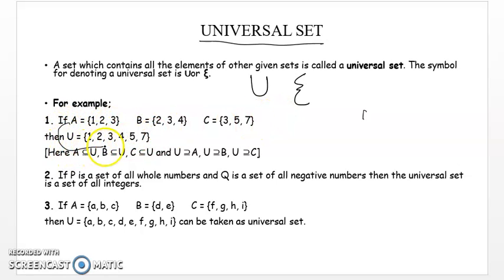So we define U as a set, also called a superset, which has elements 1, 2, 3, 4, 5, 7. It has all the elements which are in the smaller sets such as A, B, and C.